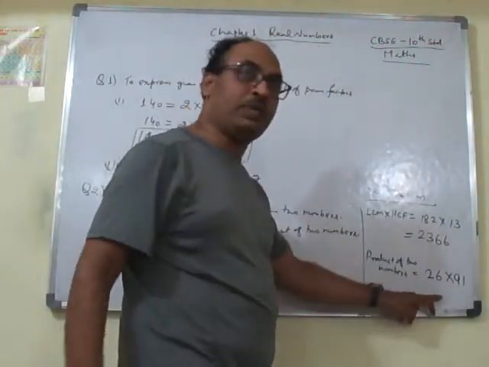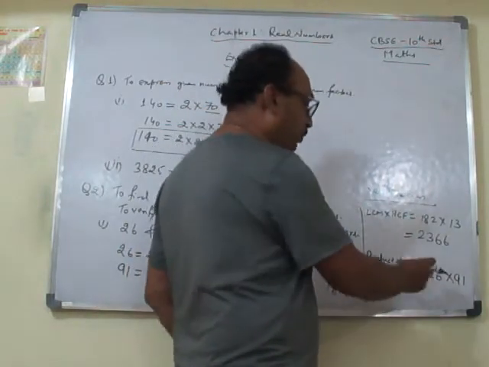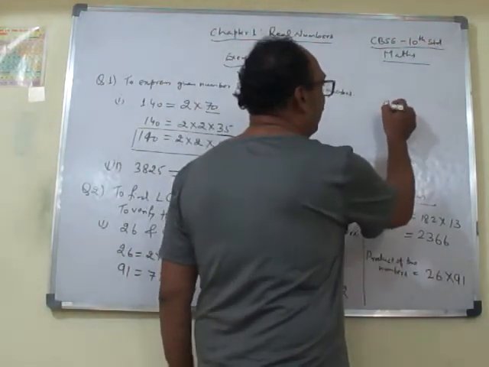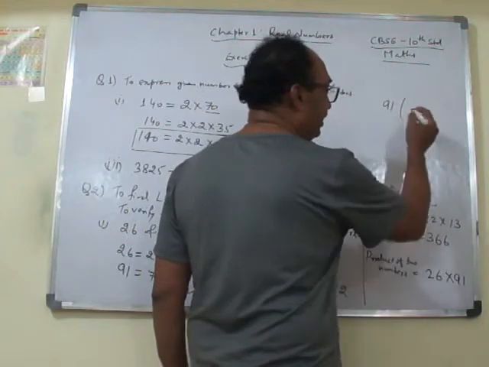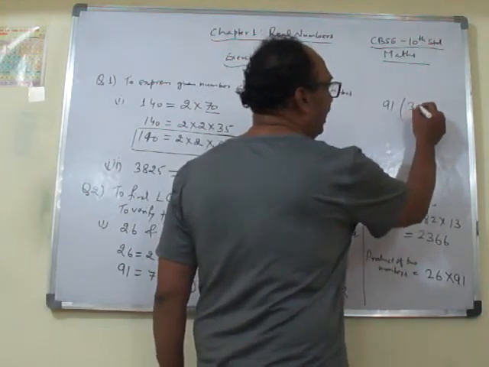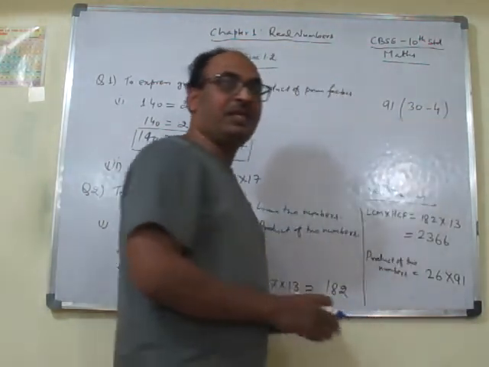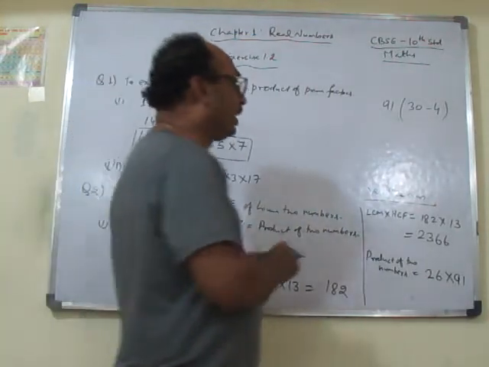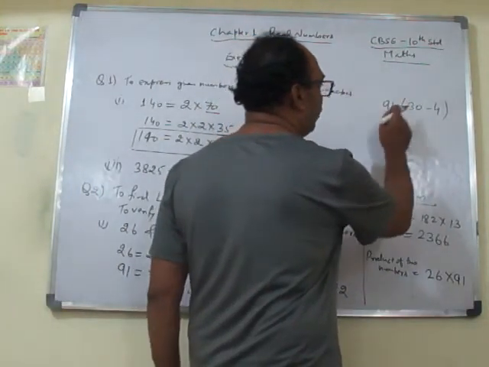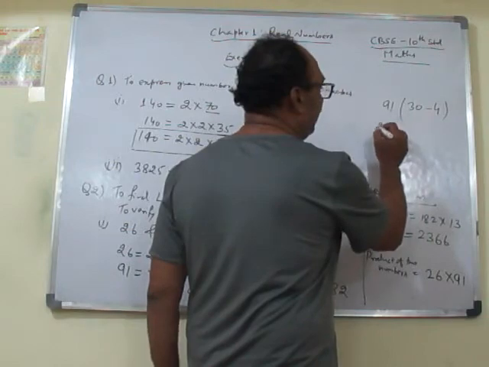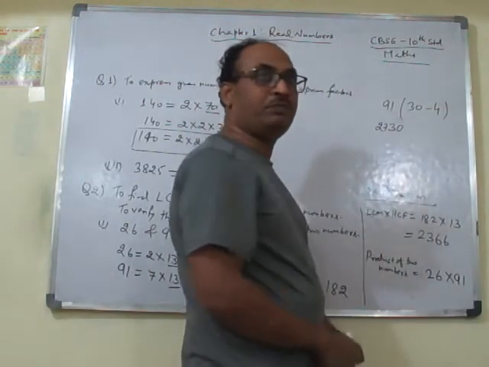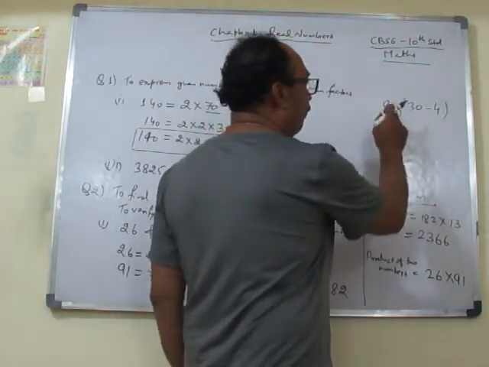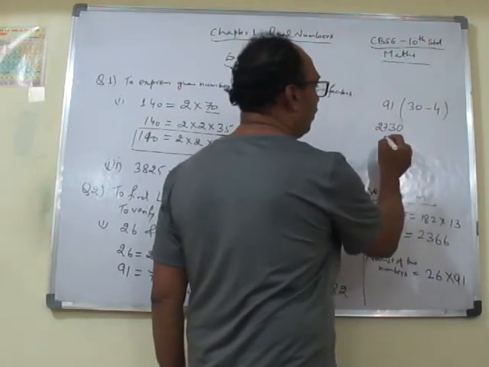Now the product of the 2 numbers. Here 91 is there and 26. What can we write? 30 minus 4, nearest 10. So 91 into 30: 3 into 1 is 3, 9 into 3 is 27, so it is 2730. Again 4 into 1 is 4, 4 into 9 is 36.